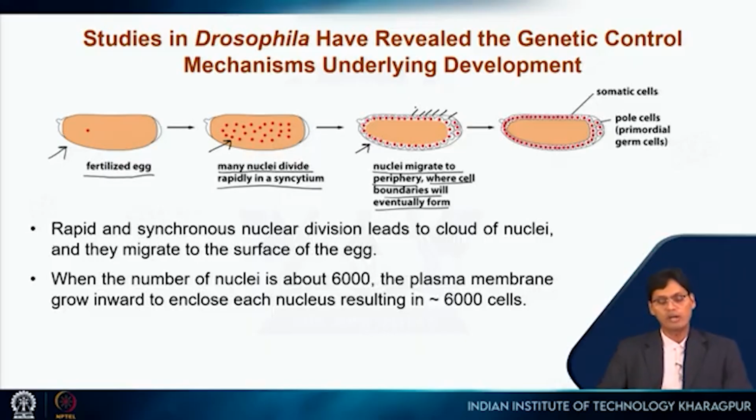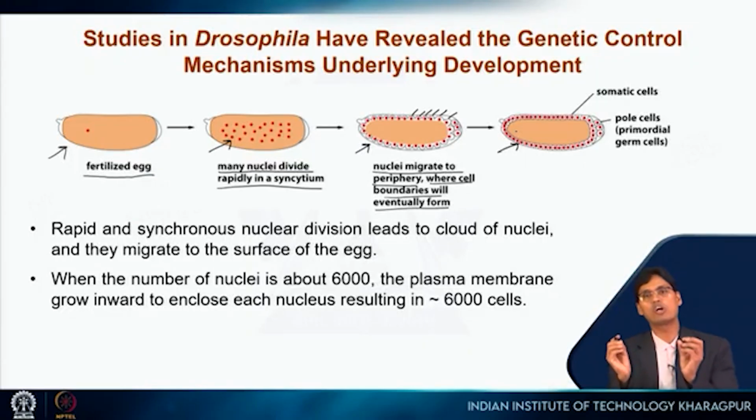But when the number of nuclei is about 6,000, the plasma membrane grows inward to enclose each nucleus, resulting in approximately 6,000 cells. Although in this diagram you will see this is just in 2 dimensions, that's why you can see those cells are present in the boundary. But in a 3-dimensional shape, all the periphery is actually covered by a layer of these cells.